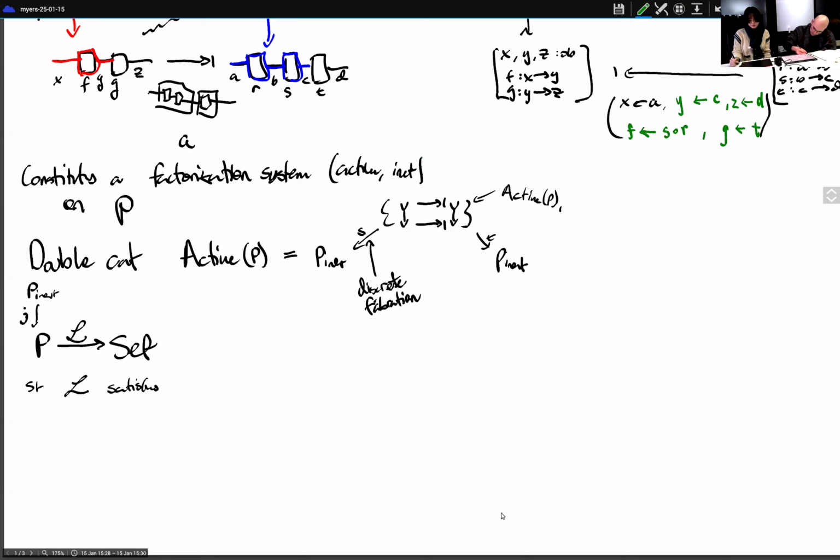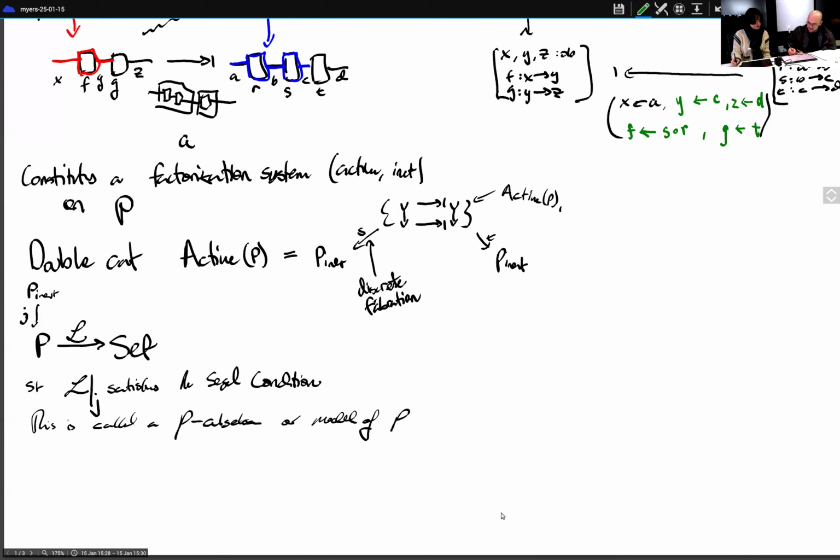L restricted along J satisfies the Siegel condition. Then this is called a P algebra or model of P. I'm going to call it Sieg P for a Siegel object.